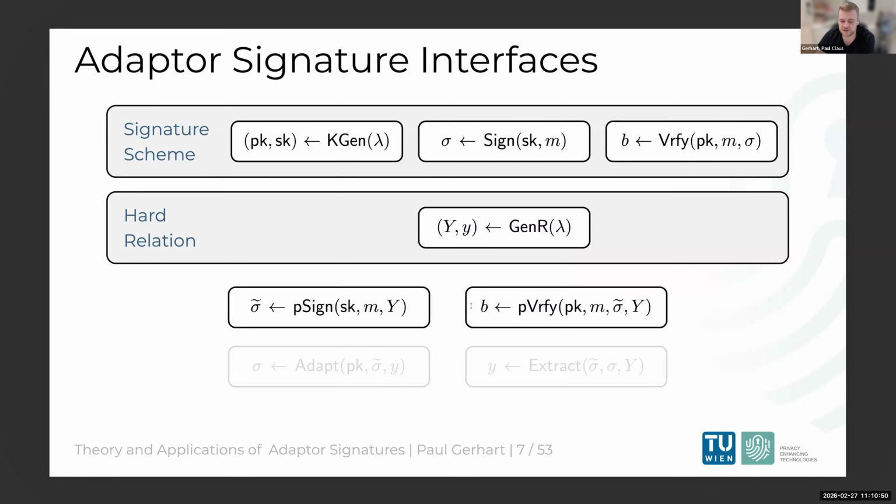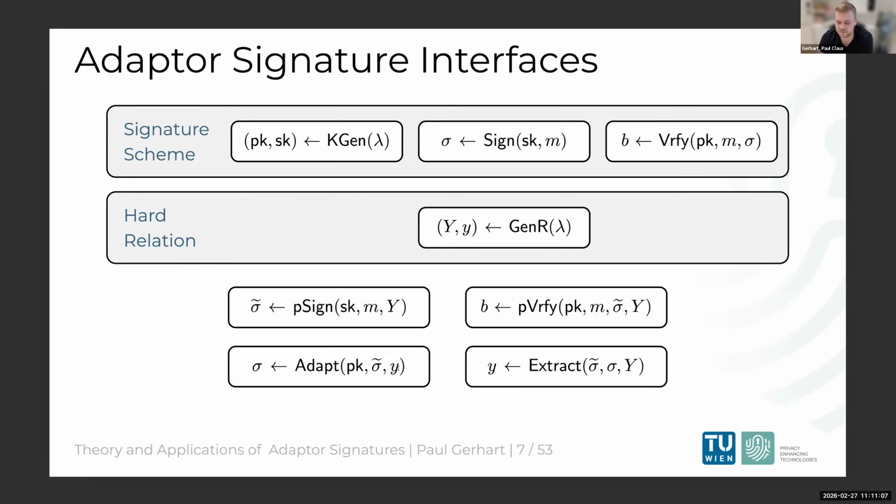So when you get a pre-signature, you can publicly check if it is well-formed or not. Then you have an adapt algorithm, which also takes the public key, the pre-signature, and the witness, and gives you a signature. This can be viewed as the decryption in our little mind experiment. And then there's the extract algorithm. The extract algorithm reads a pre-signature and a signature, and eventually leaks a witness.